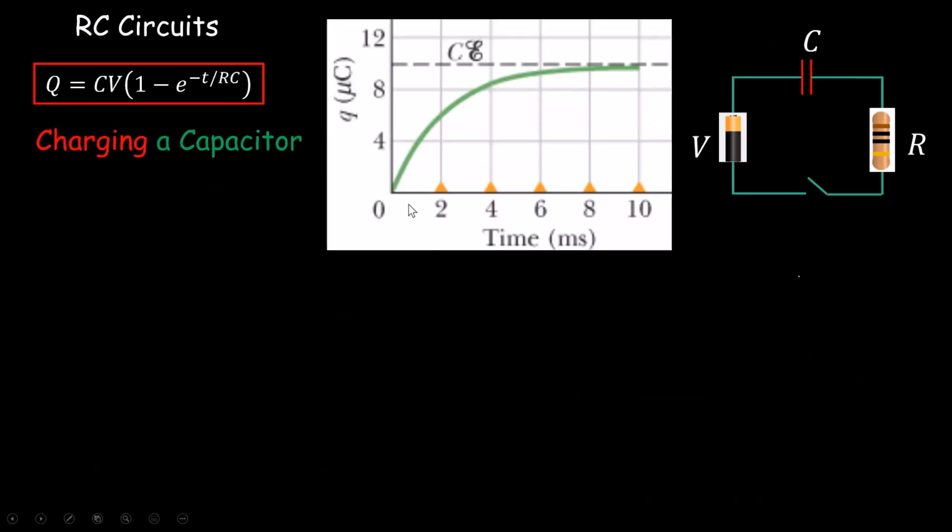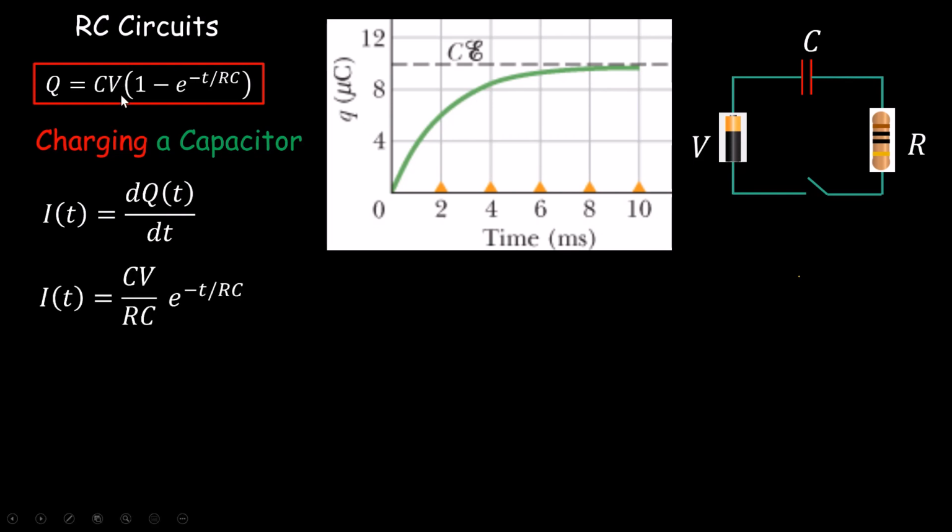If you plot Q versus time, it goes like this. Charge asymptotically increases and goes to this maximum value, which is C times V. And if you want to find the current, it is dq over dt. If you take the derivative, this is a constant, this is a constant.